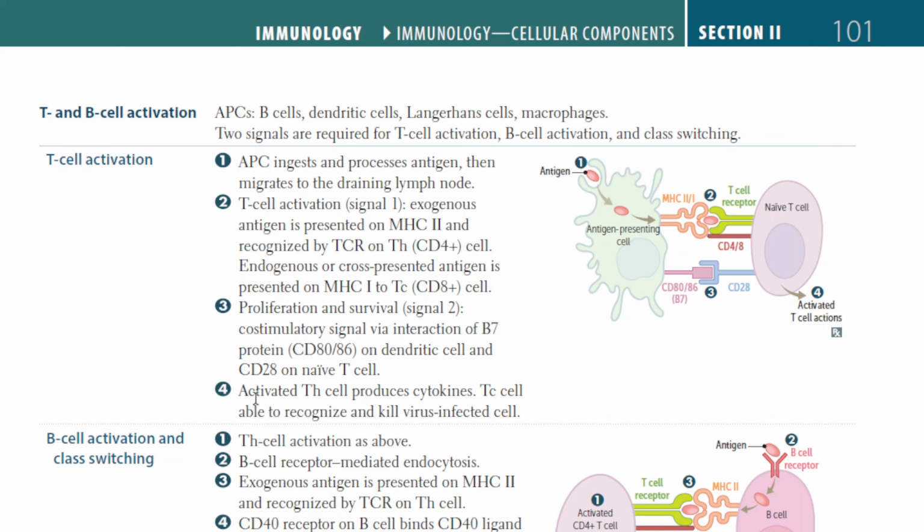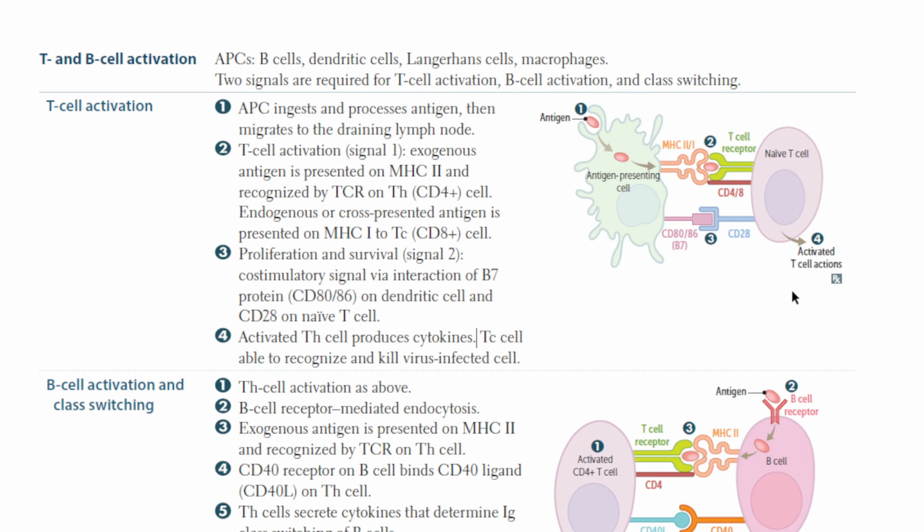This whole process, number 4 here, activates the Th cell and produces cytokines. The T cells are able to recognize and kill virus infected cells. So this whole process is for the naive T cells to produce activated T cells that produce cytokines.